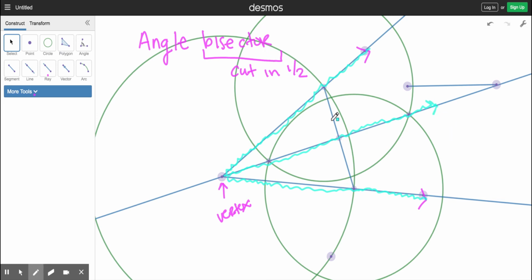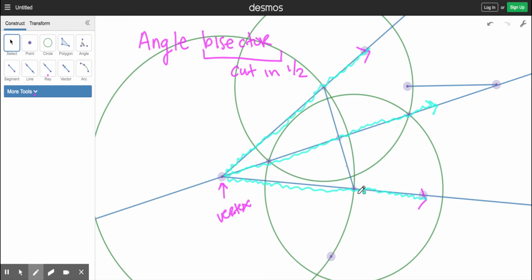So that first circle I created that had a center at the vertex, it didn't matter how big or small that circle was. I just needed a circle. I located those points, and then I basically just did the perpendicular bisector of those 2 points, because any point on that bisector is equidistant from these 2 endpoints.